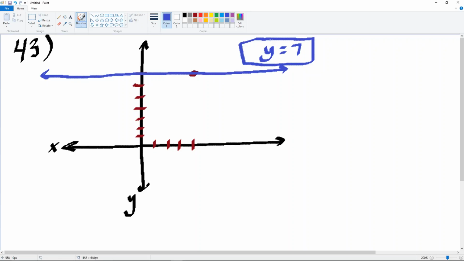Whenever I did the equation, it came out to be y equals 0x plus 7, but that's the same as y equals 7. Yes, that is the same thing. Okay.